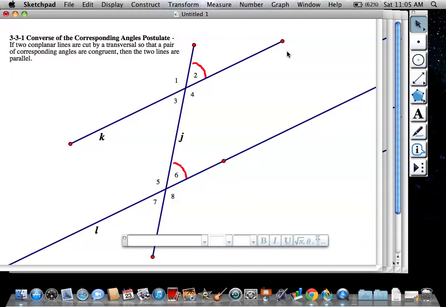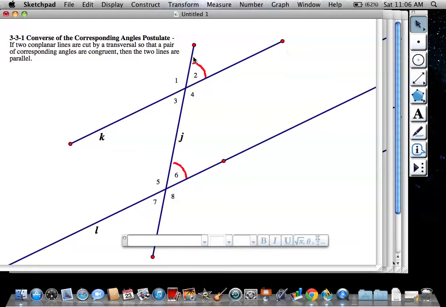3-3-1 is the converse of the corresponding angles postulate. So, what does that mean? It says if two coplanar lines are cut by a transversal so that a pair of corresponding angles are congruent, then the two lines are parallel.